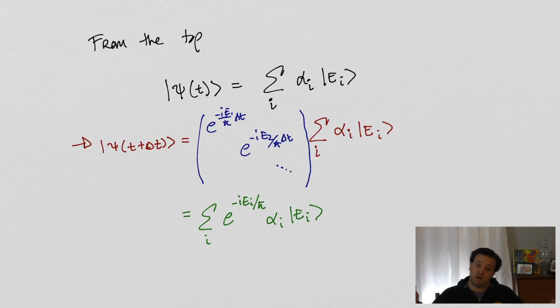But I can now match up these eigenvalues, and I can say that state e sub i, which has energy E sub i, is going to have an eigenvalue of the time evolution operator that's equal to e to the minus i E sub i over h bar.